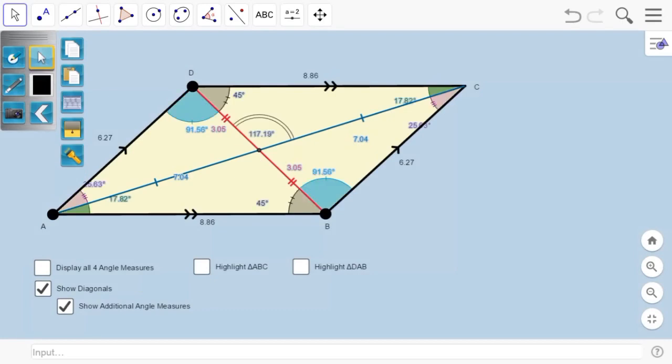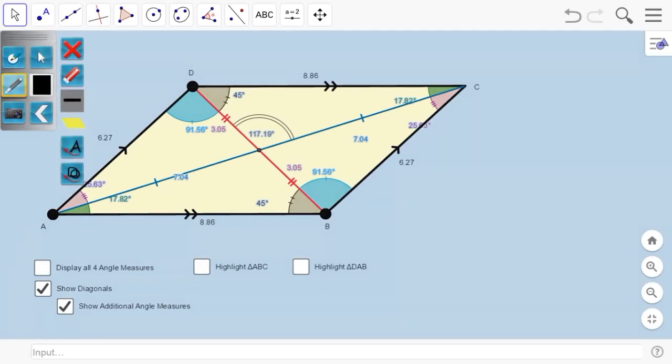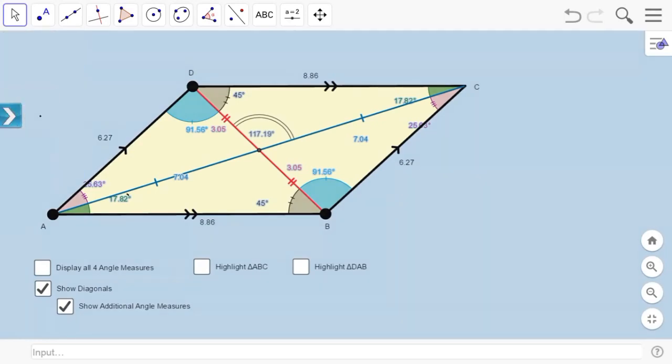Now look at the measurement of other angles here. Look at the alternate angles. Alternate angles means Z shape around the parallel lines. Here angle CDB is equal to angle DBA. And angle DCA is equal to CAB.